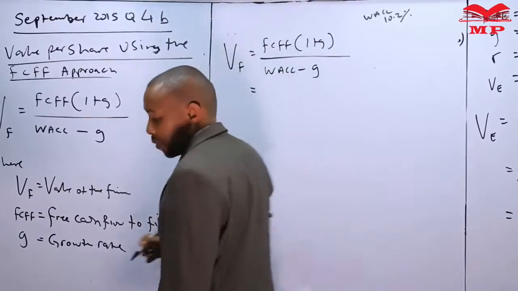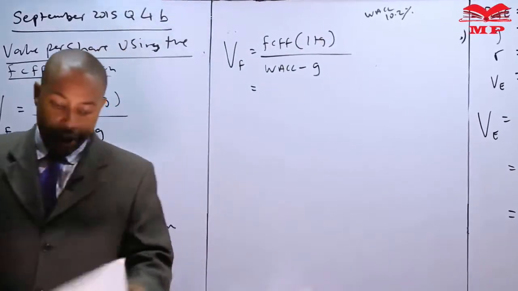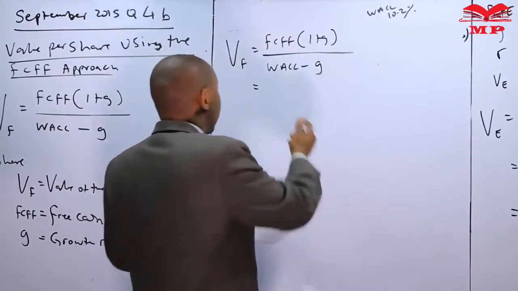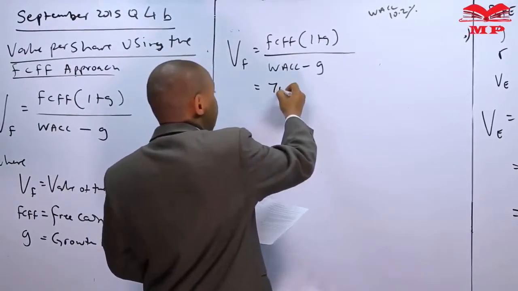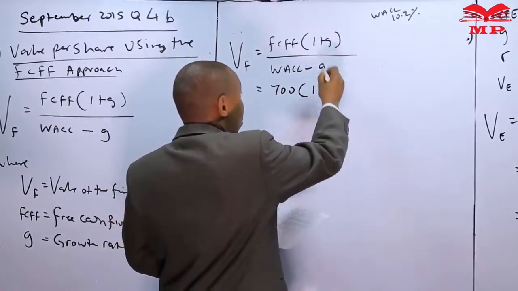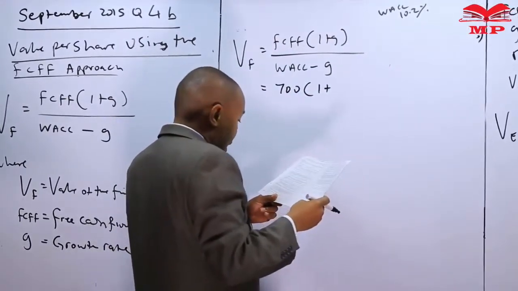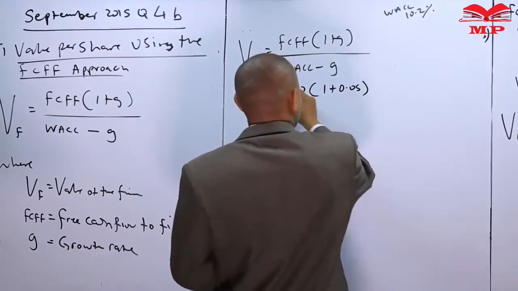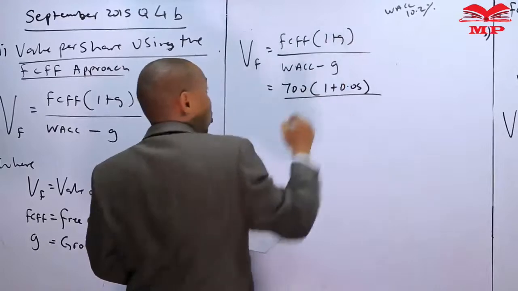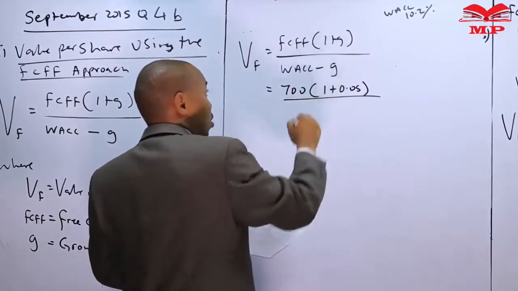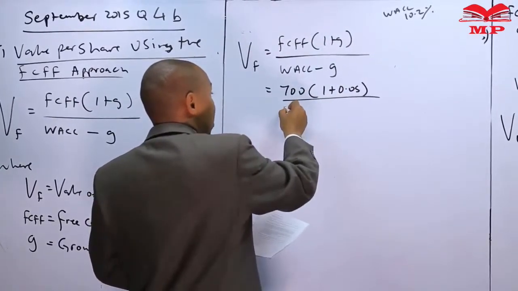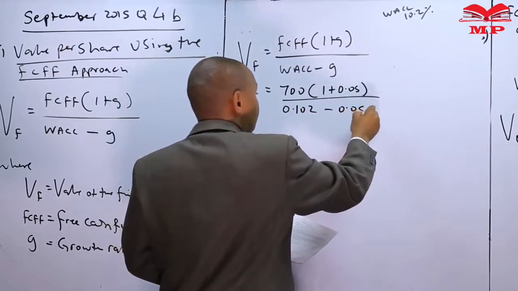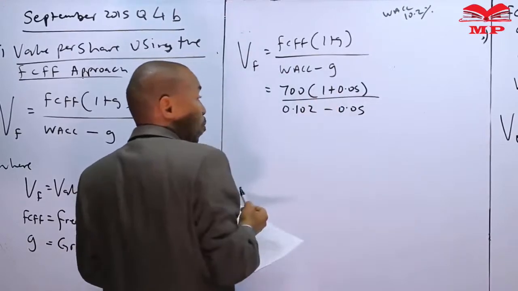Try and see if all of the inputs have been given. The FCFF is 700 million, on the very first line. The growth rate in FCFF is 5%, 0.05. WACC is 10.2%, converting into decimals, 0.102 minus 0.05.